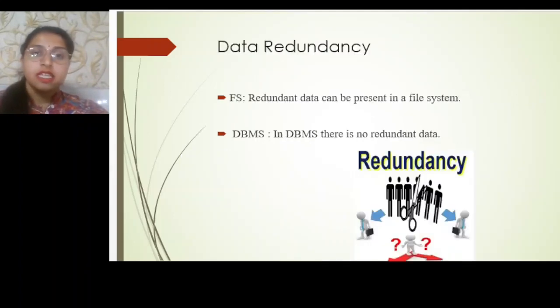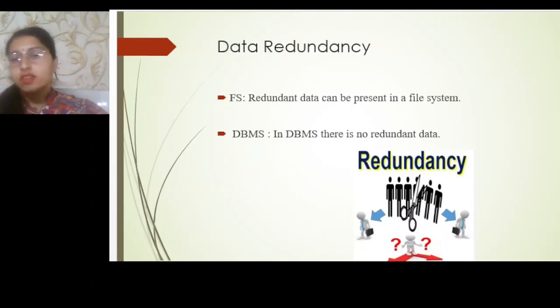Next is data redundancy. Where do you find more data redundancy? Obviously you might have experienced that your system is full of redundant data. In the file system there is no efficient way to detect redundancy of the data. You can store the same file or the same folder, and you can store the same file with the same name in a different directory.